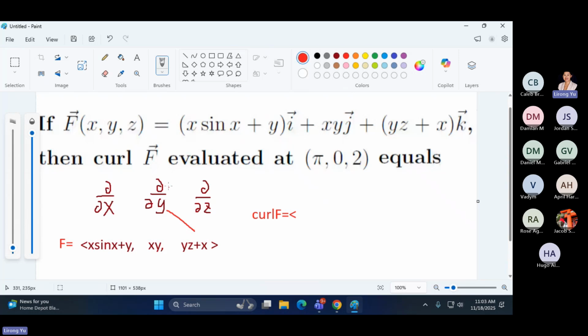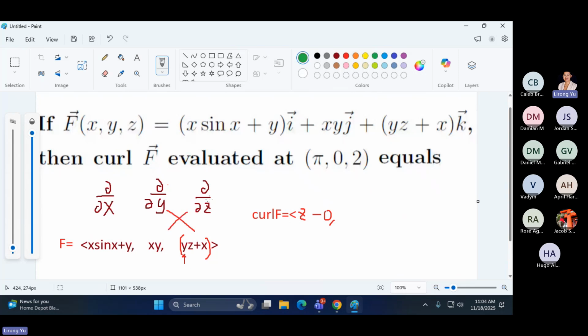These two combine to find the partial derivative of this function with respect to the y variable. Differentiating y, you get one times z. Then subtract the differentiation of this with respect to z. There's no z in this function, so this differentiation gives us 0. So we're minus 0, and that's the first component.